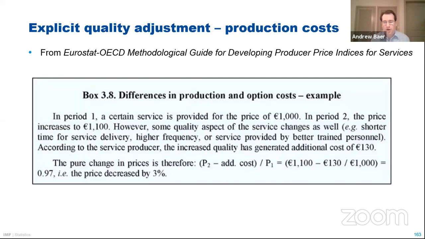I could tell you there were some real examples where we would use this method. Of course, it's very difficult to get the information about how much costs have increased. It's not easy. But for example, in the United States, when we would price software services, like let's say a company went from version 1 of a piece of software to version 2.